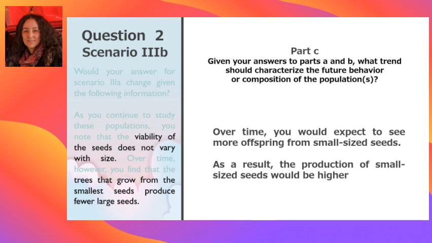So as a result, the production of small seeds would also be higher because we're seeing that the small sized seeds grow trees that produce smaller seeds. So not only would we expect more offspring from the small sized seeds, we would expect a higher production of the small sized seeds as a result.